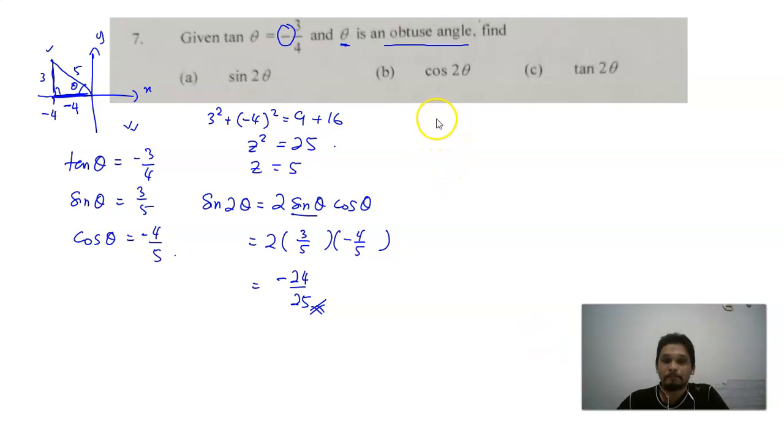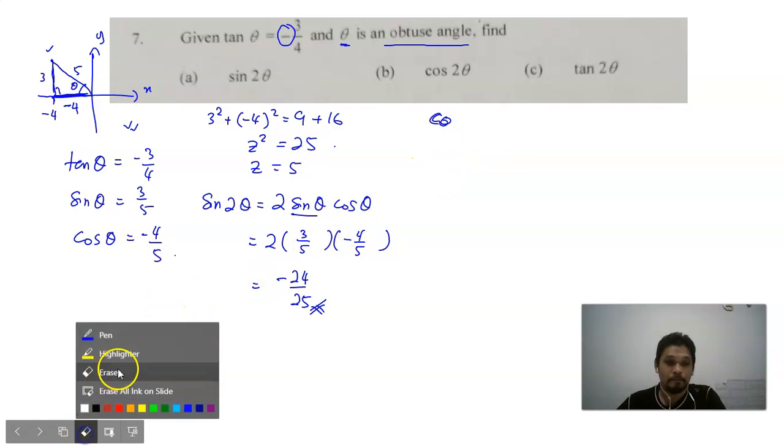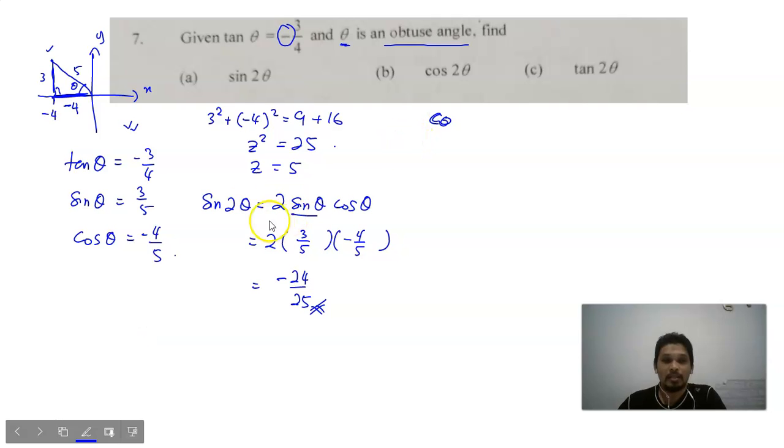Cos 2 theta. We have 3 formulas here. Cos 2 theta equals cos square theta minus sine square theta.